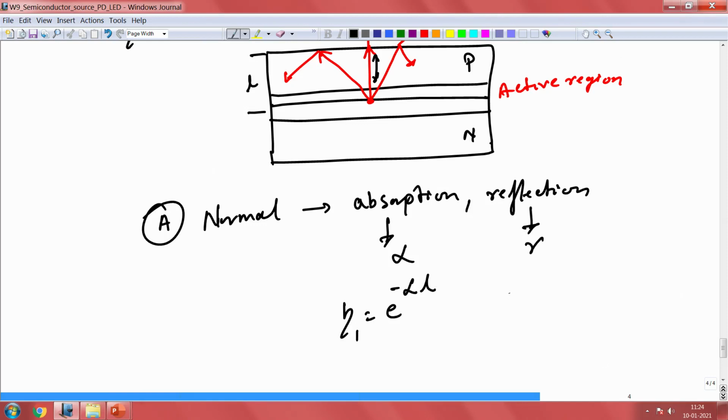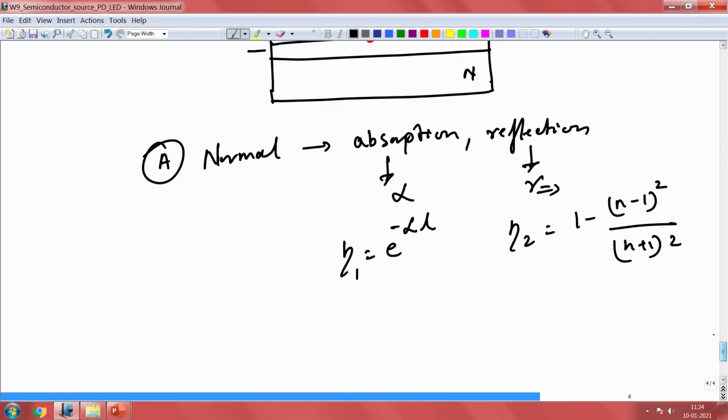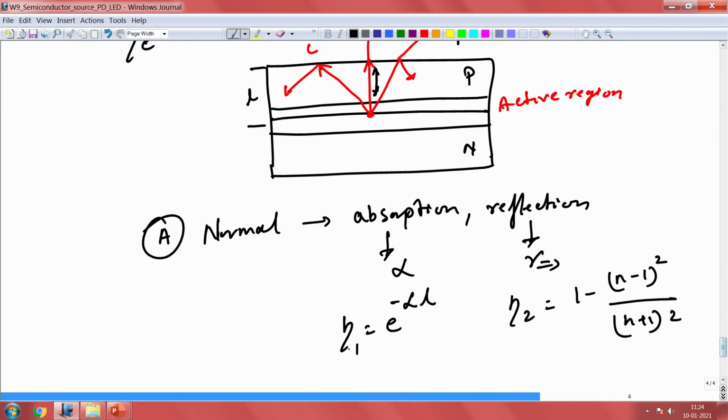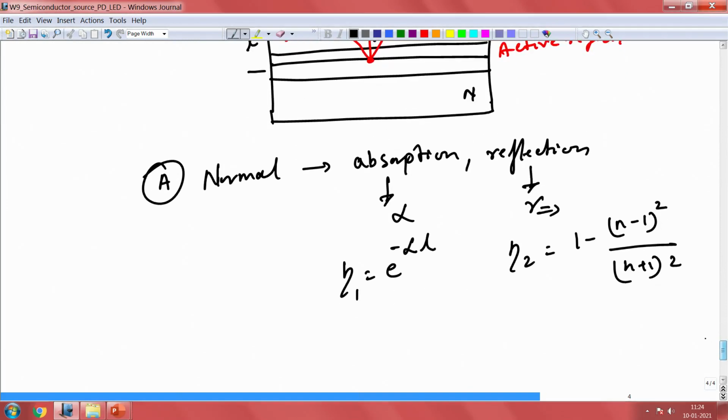But let us look at reflection. So, your reflection is going to be given by 1 minus (n minus 1) the whole square. Basically, this is the transmission that you have. So, because of reflection, what is the effect? This is the transmission of this. The attenuation because of absorption is given by this.